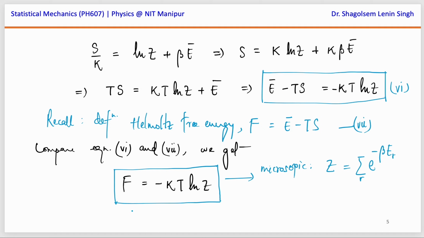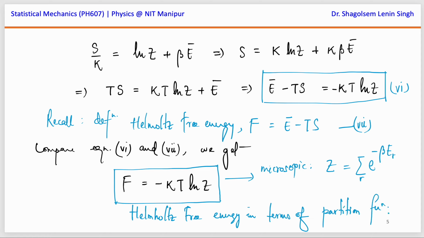So this is the relation of Helmholtz free energy in terms of partition function. Now that we know the expression of partition function, we can directly make use of this relation of Helmholtz free energy. You can directly calculate.